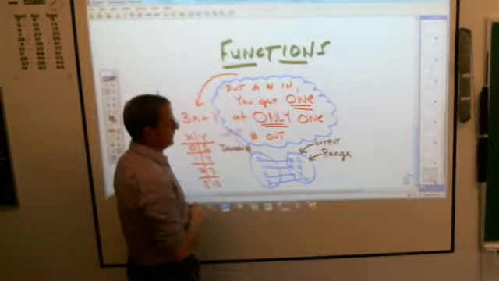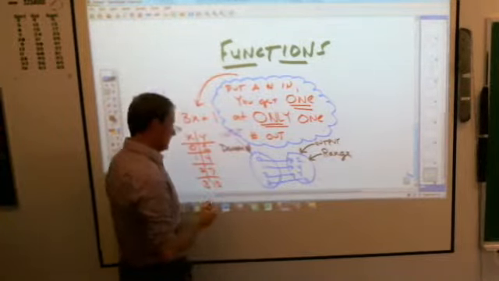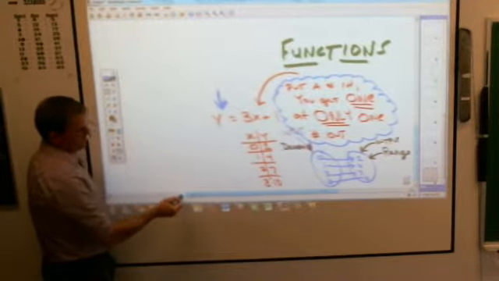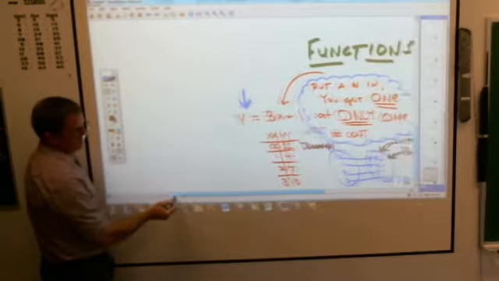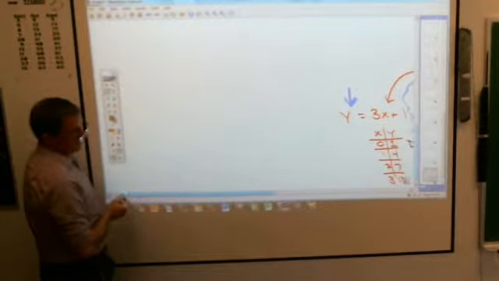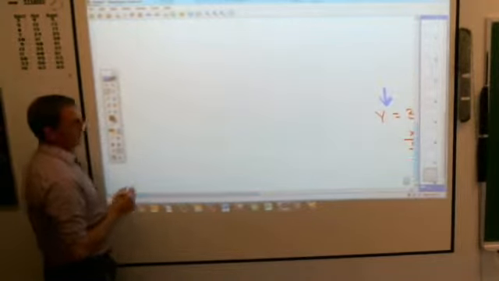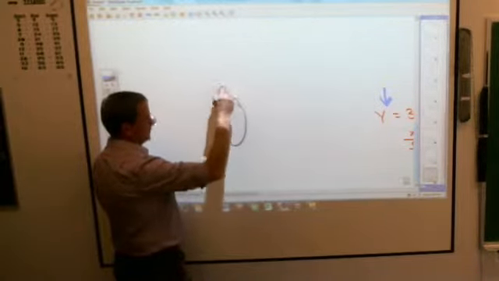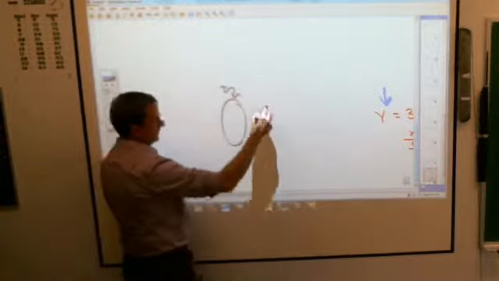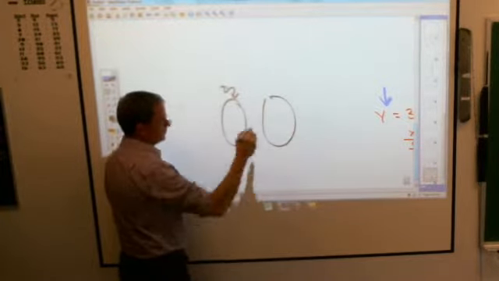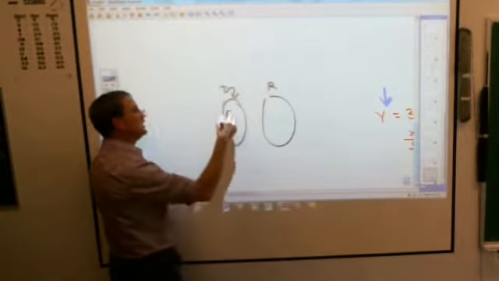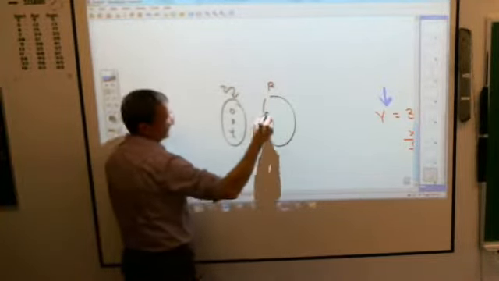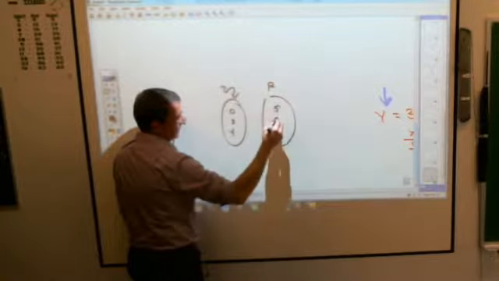Let's think about this for just a moment, though. Let's say I have a different mapping of numbers. Here is my domain, and I have a range. I have 1, 2, and 4. And over here I have 5 and 3.